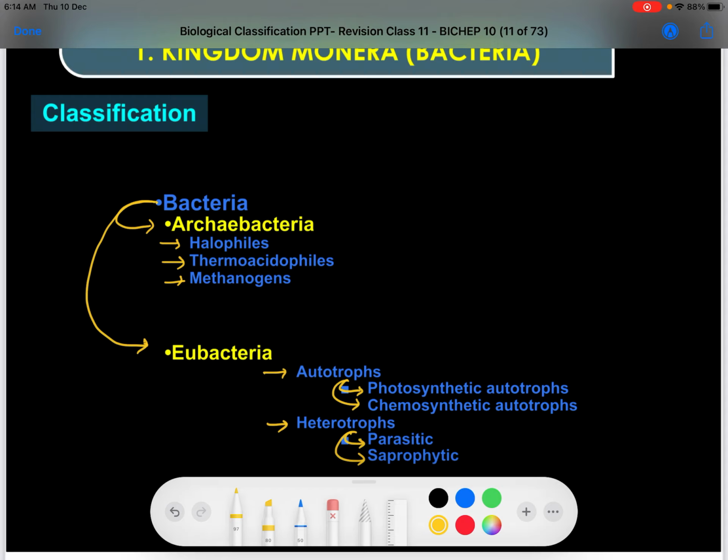When the microorganisms live on or within another living organism, they are parasitic, and when they depend on dead or decaying substances, they are saprophytic. So these are the various types of bacteria found around us.